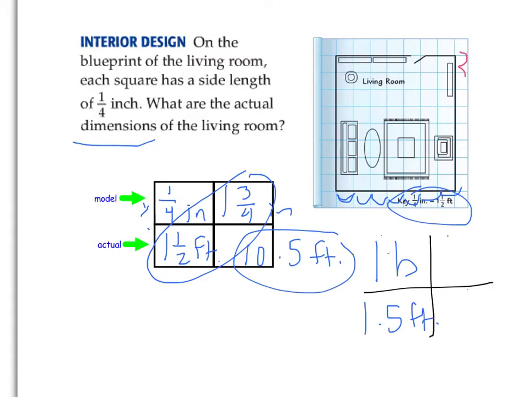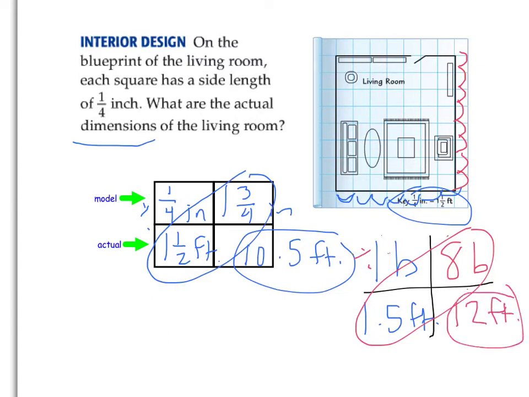So I've got 1, 2, 3, 4, 5, 6, 7, 8 boxes. And when I crisscross multiply, divide by the lonely guy, I get 8 times 1.5, which is 12 feet. I find that a little bit of an easier method than using the 1/4 inch, and you could do that on your homework assignment as well.